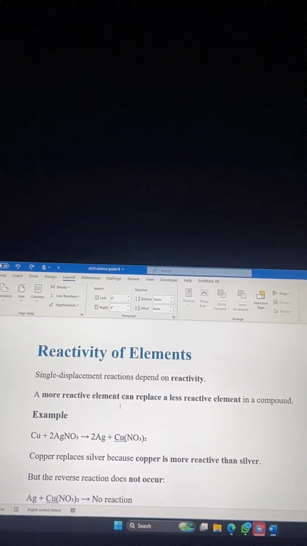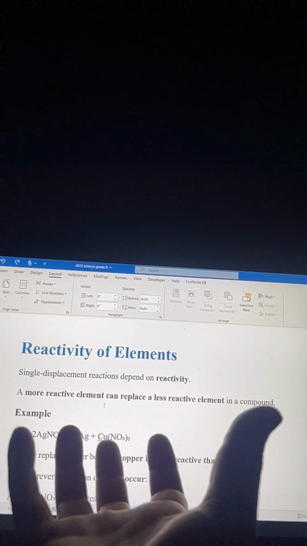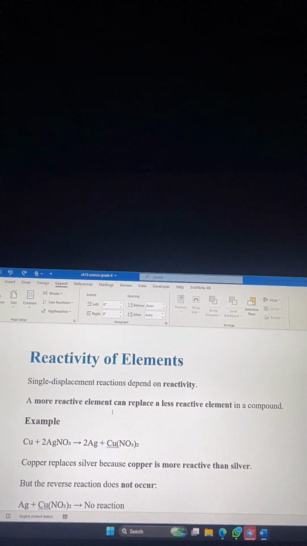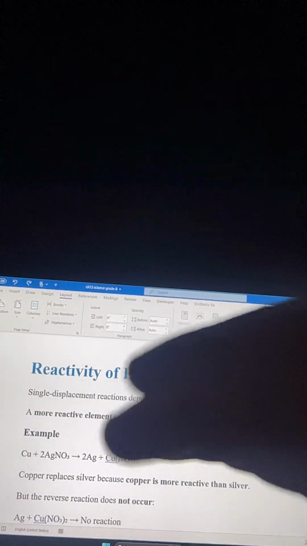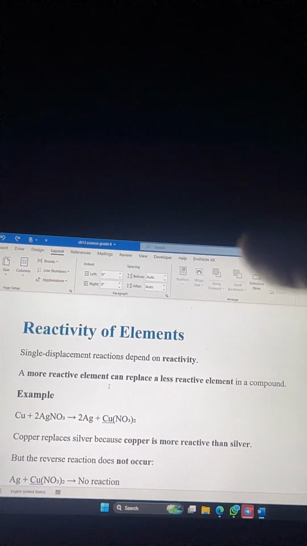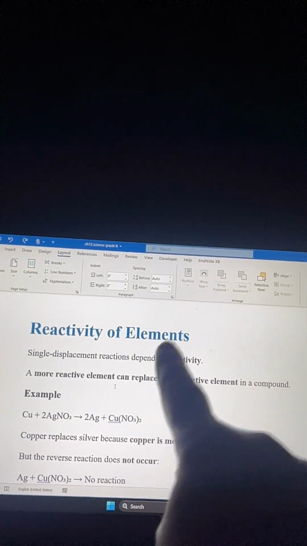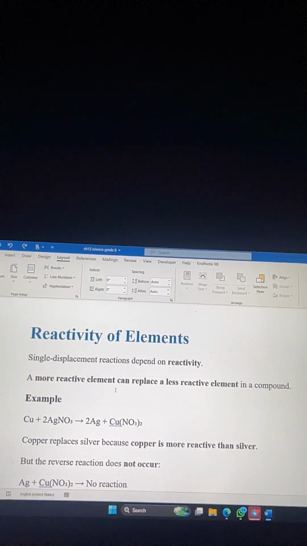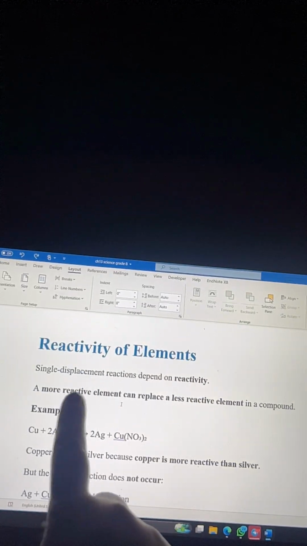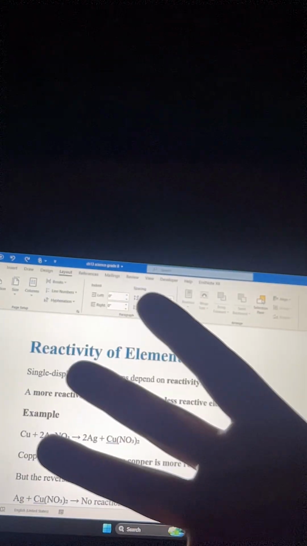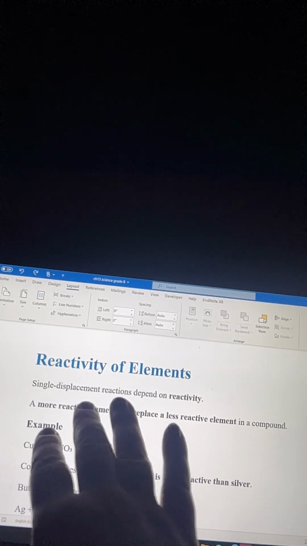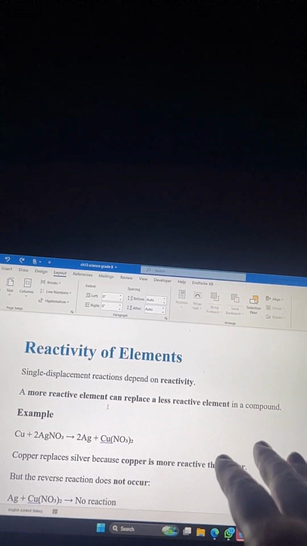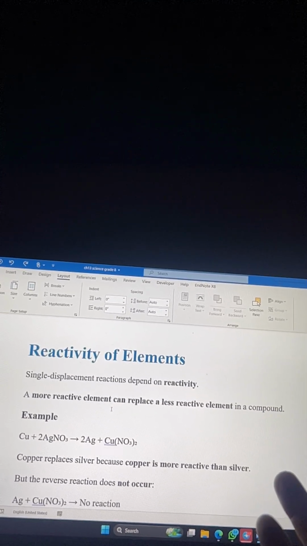Just imagine that the more reactive one has a lot of energy and the less reactive has less energy. It's just imagination for your understanding. So the one with more energy can replace the one with less energy.